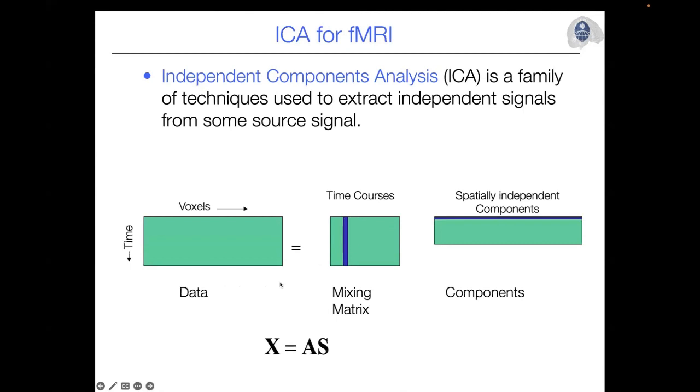And so we can do this also in fMRI, in the sense that we have voxels by time. So this is the data. This is this four-dimensional data set, this three-dimensional brain volume across time.